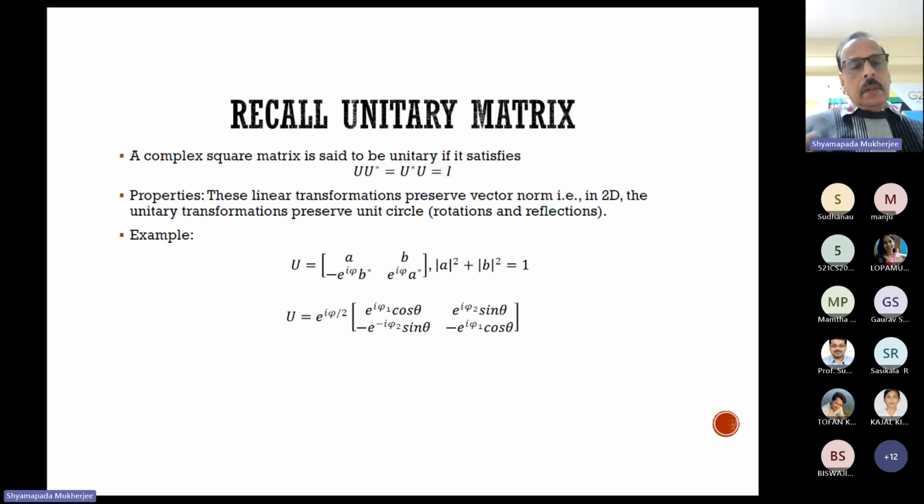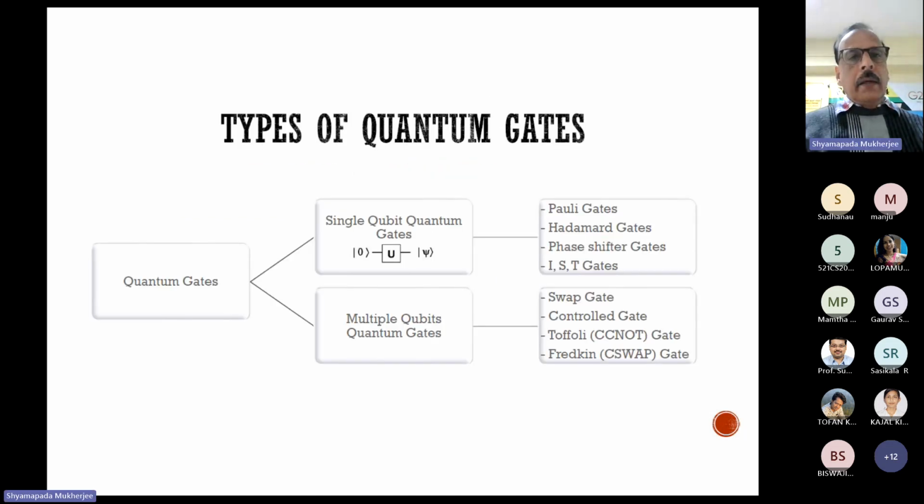Now, in order to go to the gates, I shall consider the properties of the unitary matrix, which I have already learned. Next, now you see the types of quantum gates. Just like your classical gates, the AND gate is one input, one output. But what about the OR gate?